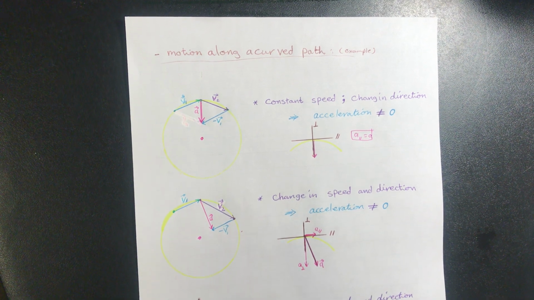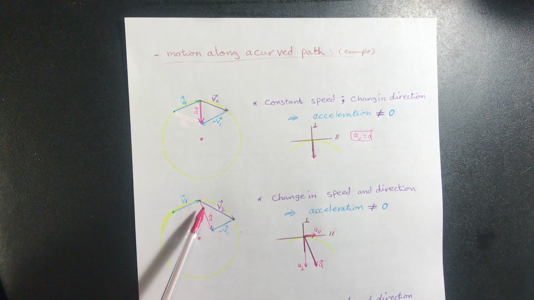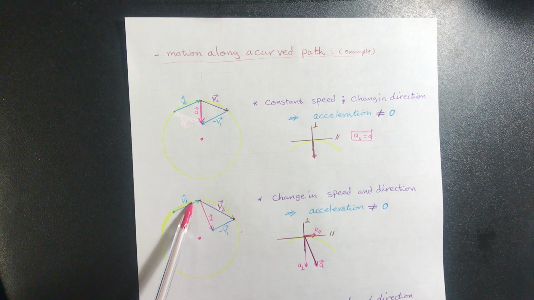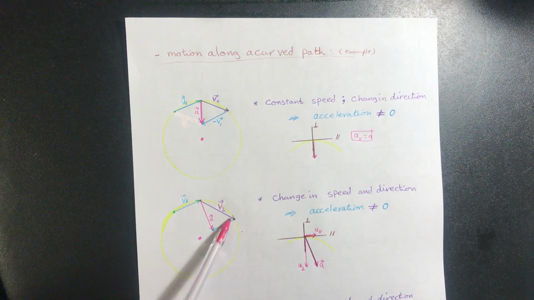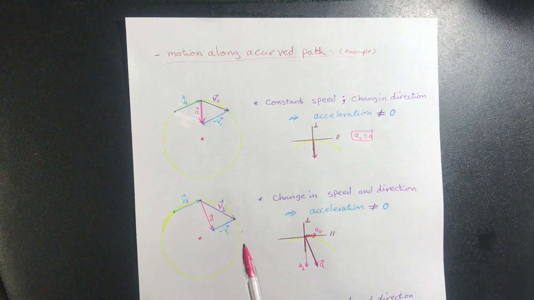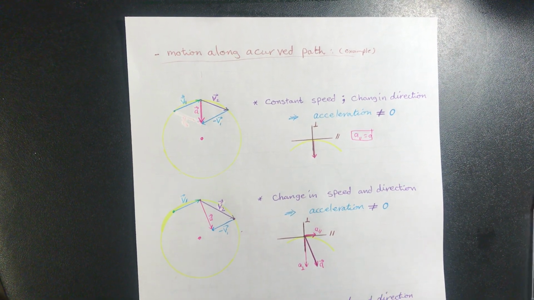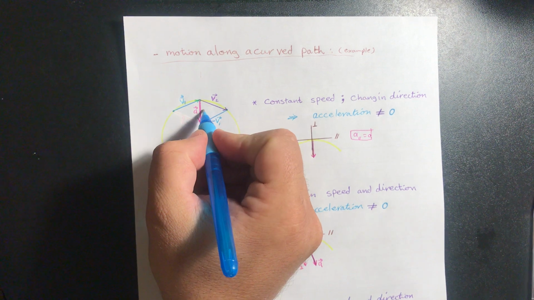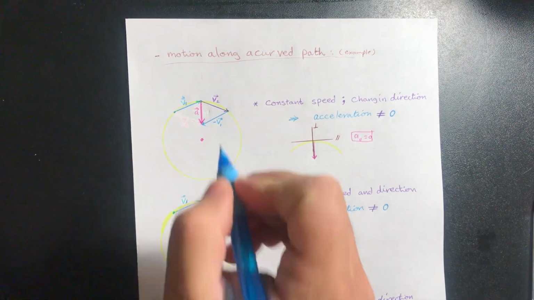What if the speed is raised? Okay, we have, this is v1 and this is v2. It is bigger than v1. That body is accelerated. So what is delta v? This is delta v here.